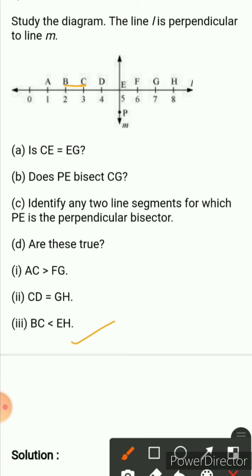BC, here is your BC, that is 1. And EH, that is 1 2 3. Clear? So our BC is 1 unit and EH is 3 unit. Okay, that is 1 and that is 3. So yes, we can say that EH is greater than BC.